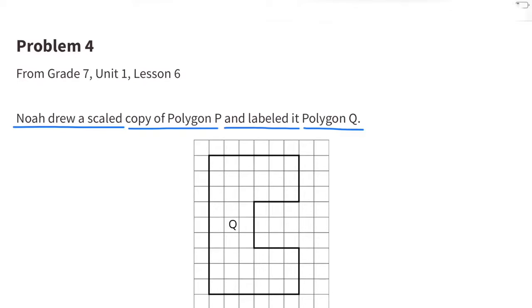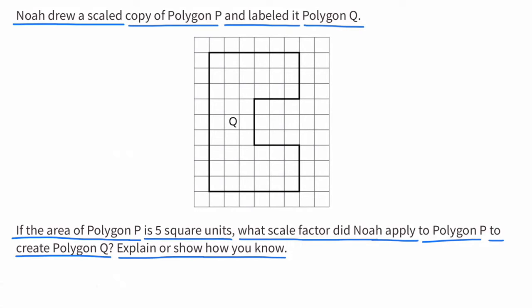Number 4. Noah drew a scaled copy of polygon P and labeled it polygon Q. If the area of polygon P is 5 square units, what scale factor did Noah apply to polygon P to create polygon Q? Explain or show how you know.